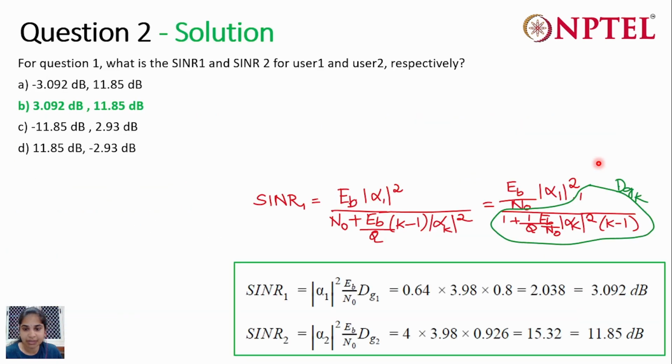So, the idea will be like, since you found the degradation factors, you could directly find the SINR.